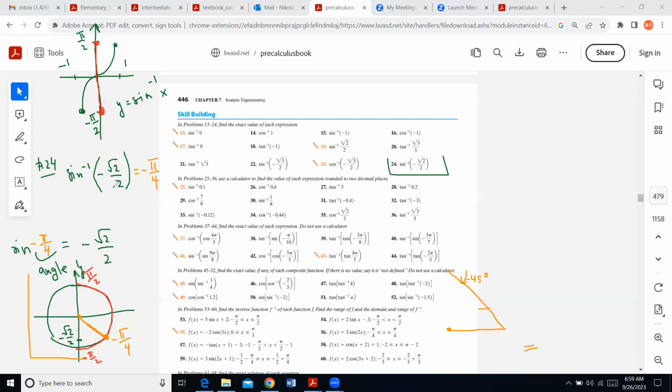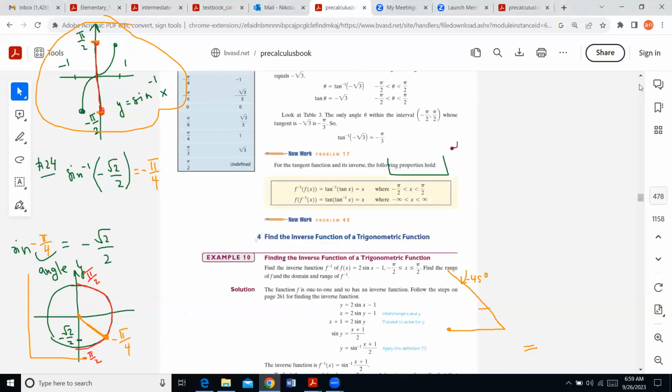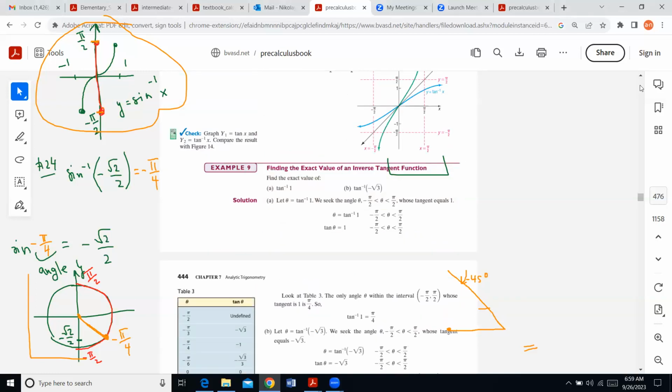I want to make sure the angle is coming from this graph, so the angle is in between negative pi over 2 and positive pi over 2, according to the picture. So function arcsine has a friend function, arccosine.